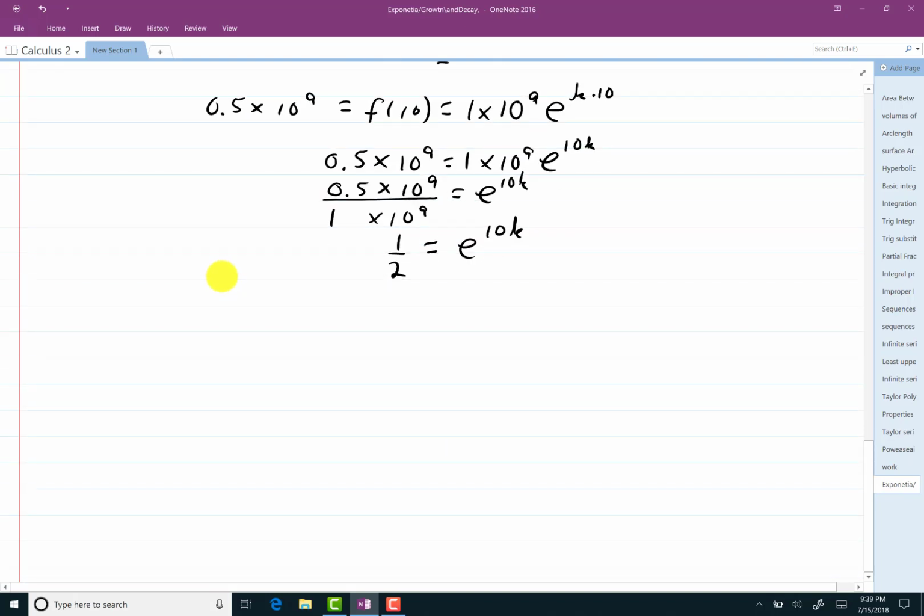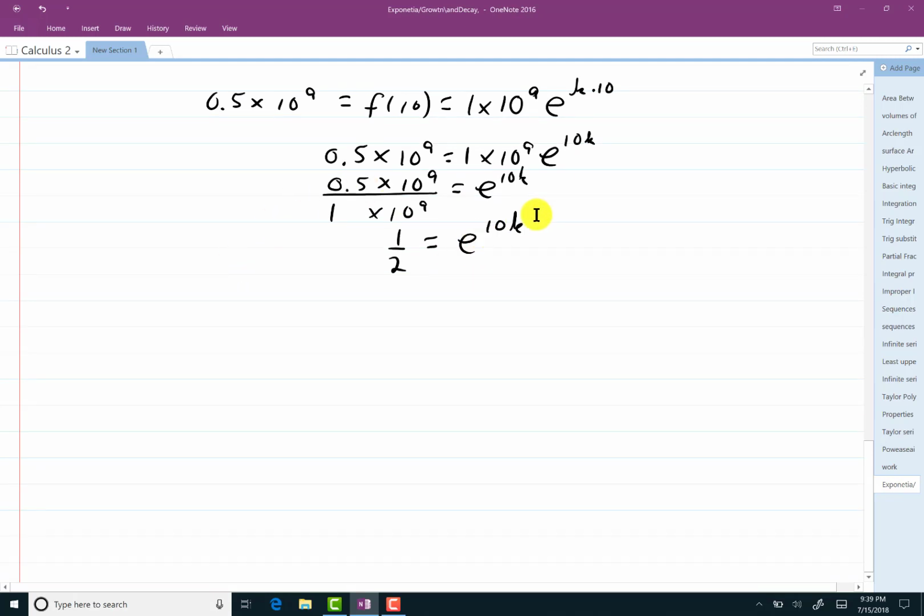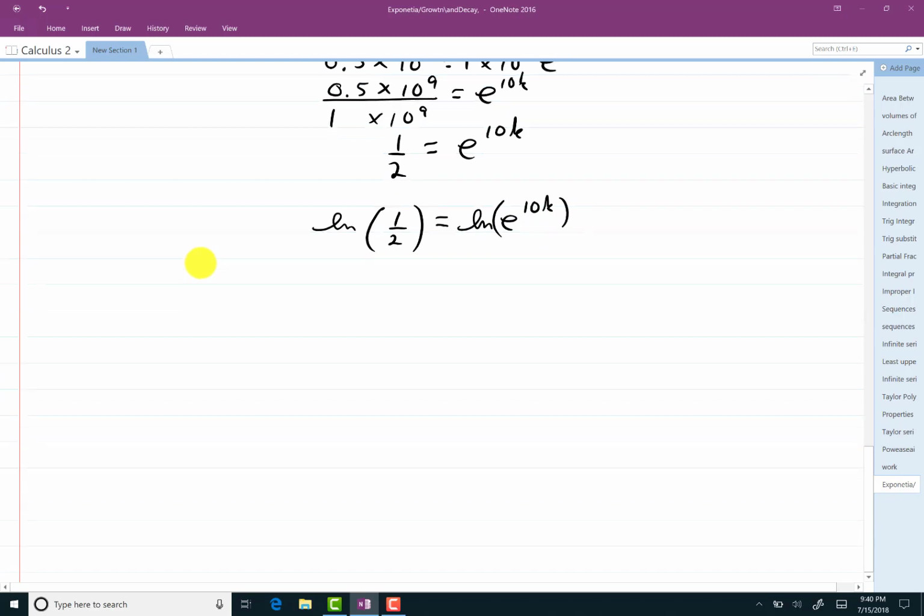And then I'm going to solve for k. Anytime you have e to something power, the natural choice is the natural logarithm. I'm going to take the natural log of both sides. And then the natural log wipes out the e.